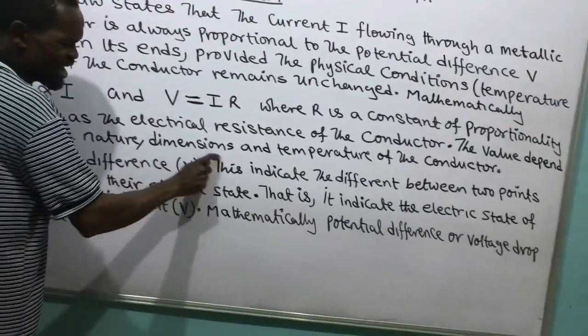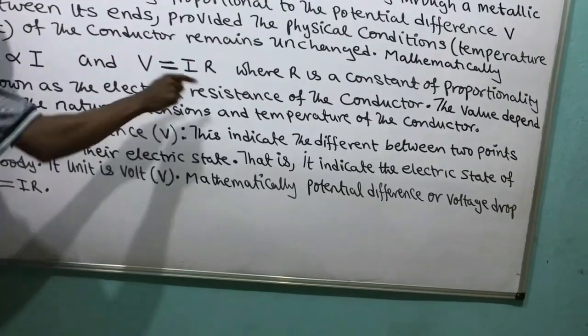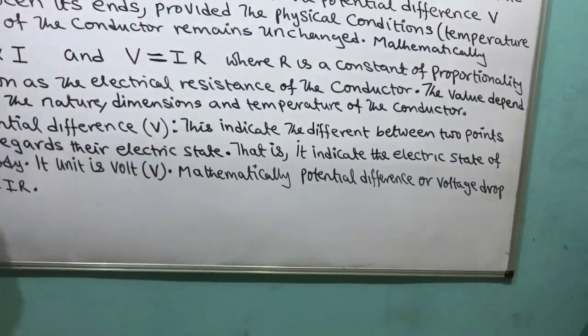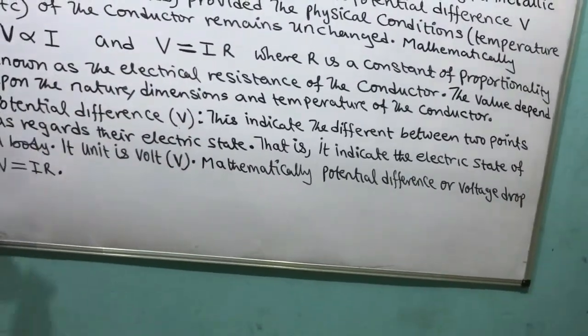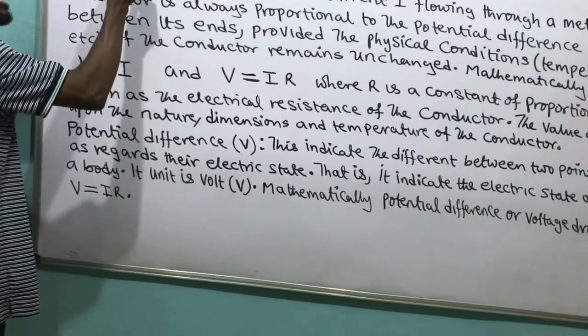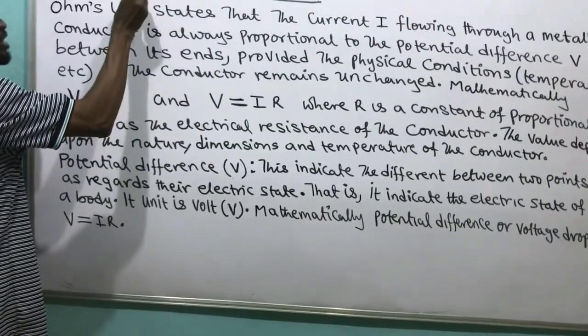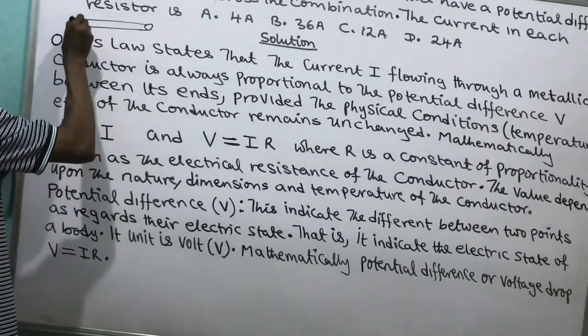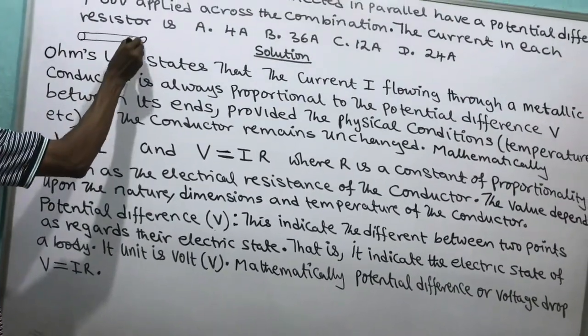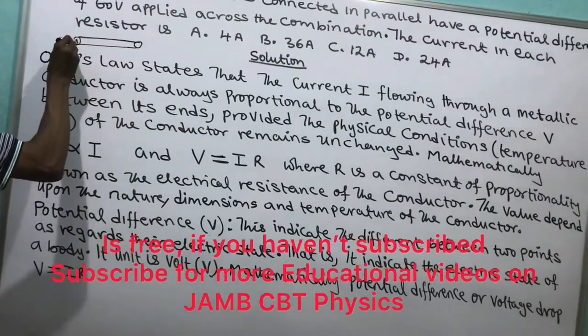Then the dimension: this resistance depends on the dimension of the conductor. If you have a wire that has a higher cross-sectional area, this is the wire, and this is what we call the cross-sectional area.